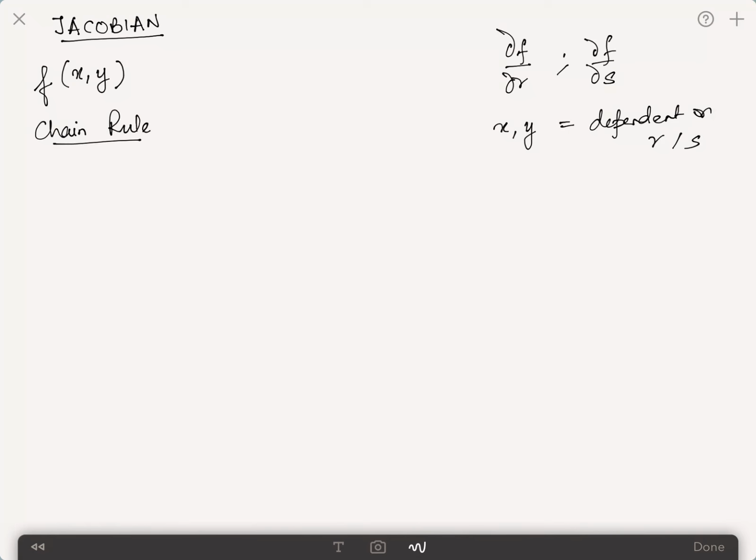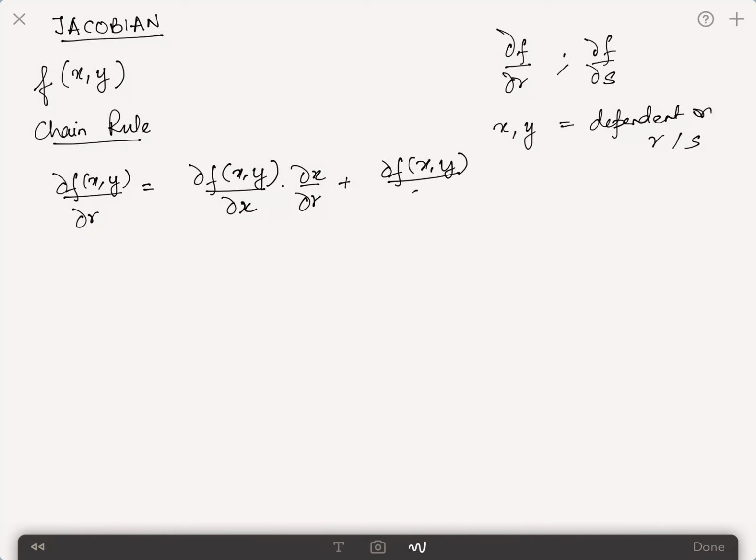So if I want to find the partial derivative of f, which is a function of x and y, with respect to r, then I can write this as the partial derivative of f(x,y) with respect to x times ∂x/∂r, plus the partial derivative of f with respect to y times ∂y/∂r.